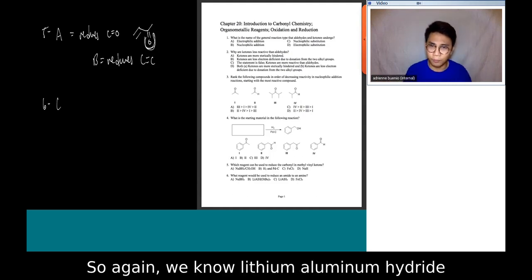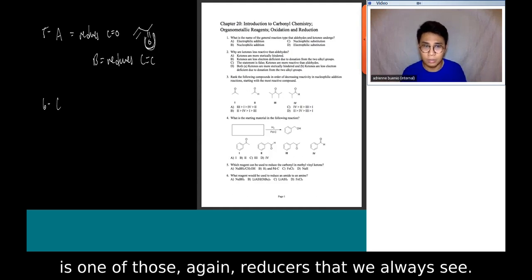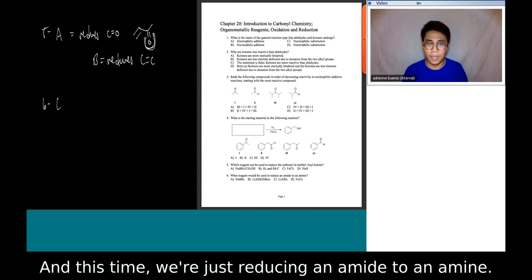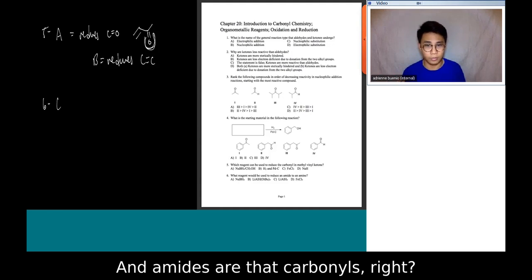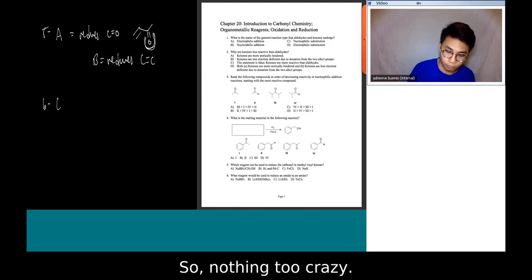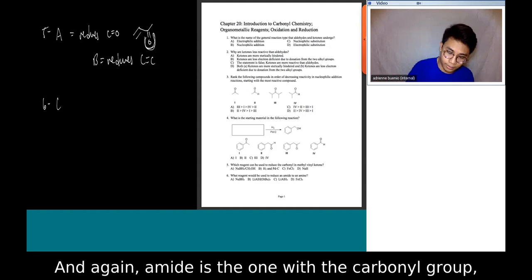So again, we know lithium aluminum hydride is one of those reducers that we always see, and this time we're just reducing an amide to an amine, and amides have carbonyls, right? So nothing too crazy. And again, amide is the one with the carbonyl group, right?